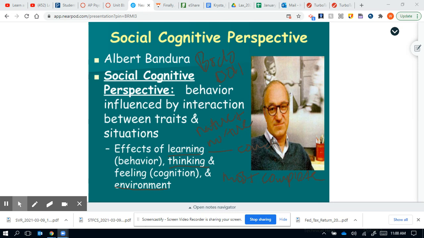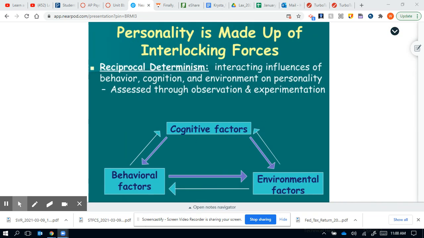All right, but the term that goes along with this, that describes how this affects personality, is what is called reciprocal determinism. Now, this is a term that sounds like it's really difficult. It's really not. Does anybody know what reciprocal means? It could mean the opposite, kind of. If I reciprocate something, what does that mean?